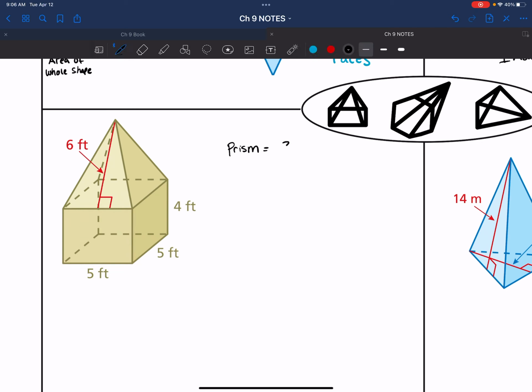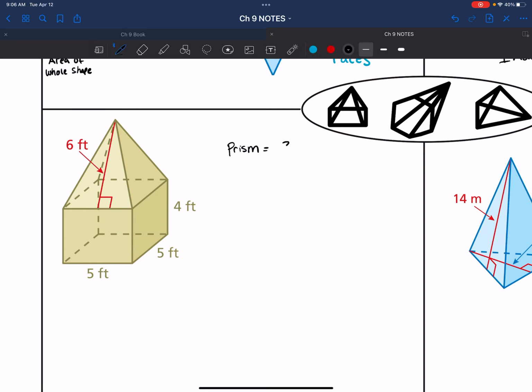I have how many triangles? Well, it looks like the base is a square, which means I will have 4 of them. I have 4. So I need to take 15 times 4. 15 times 4 is 60. Oh, that was easy.